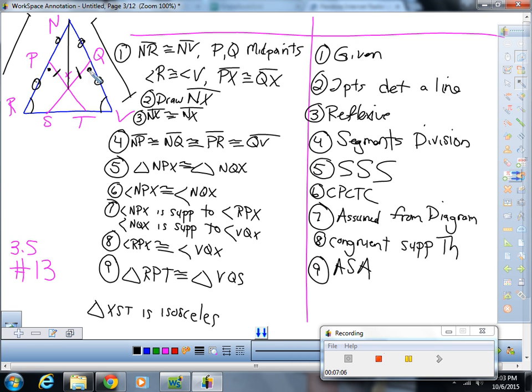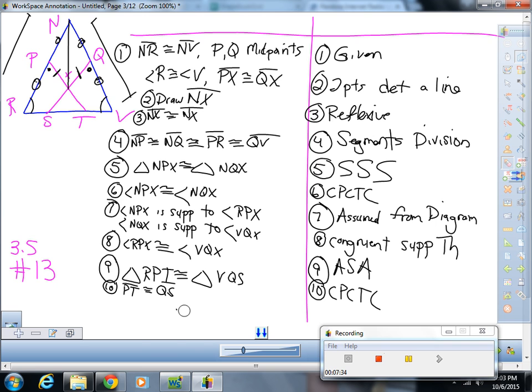Then, step 10, I'm going to say that PT equals QS. PT is congruent to QS by CPCTC. Almost had it perfect.